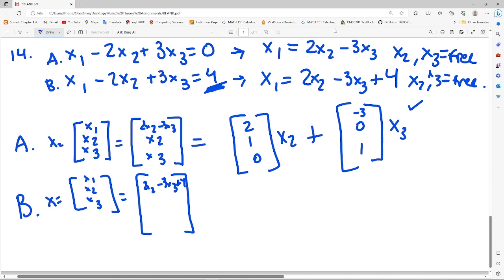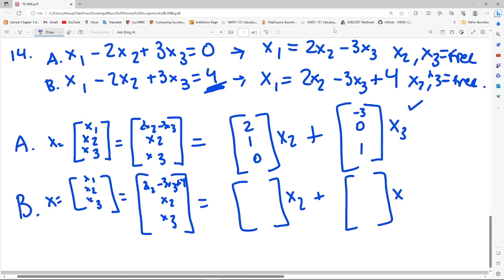The only thing that depends on something else is x1. So we have x2 and x3. And so we're going to do the same thing we did before. How many free variables is how many columns we have. x1 is equal to 2x2 minus 3x3.